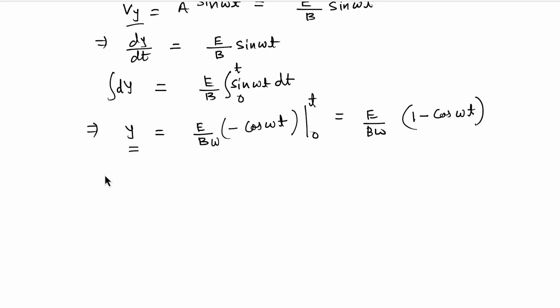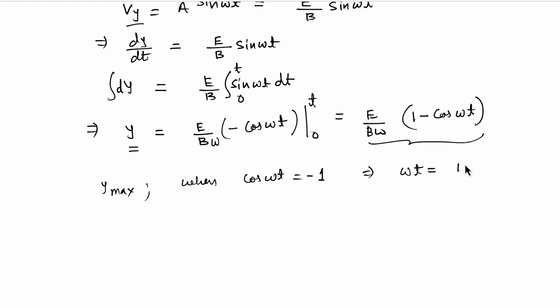When do you think we will get y as y max? This will happen when cos omega t is minus 1. That's when we get this as maximum, right? You can also do it by differentiating and figuring it out. So which means omega t is pi.